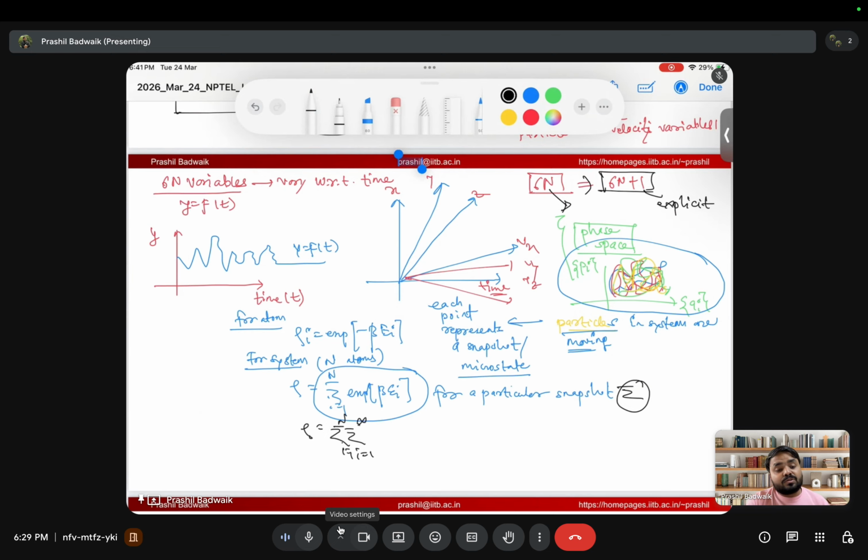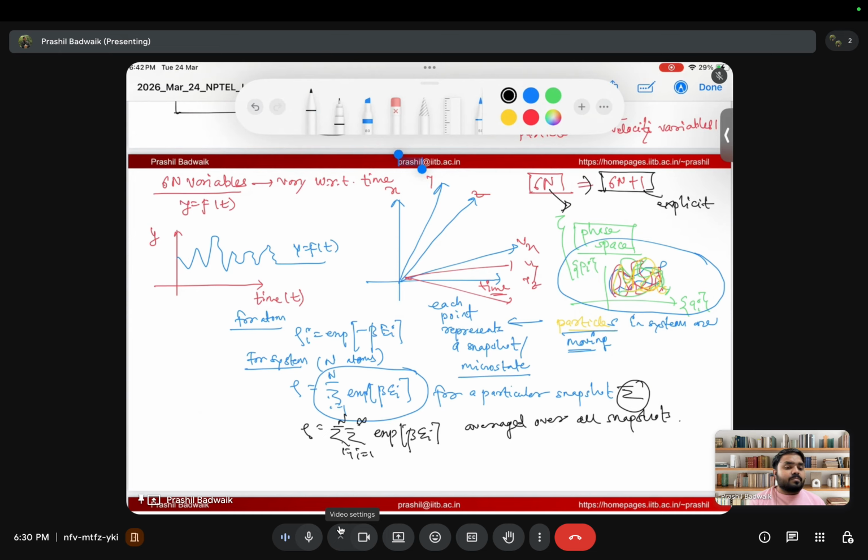A large number of snapshots can be taken. This is for a system, which will give you a more correct value than the previous one, right?